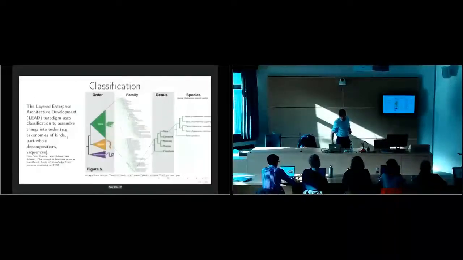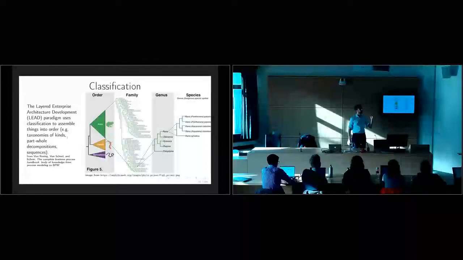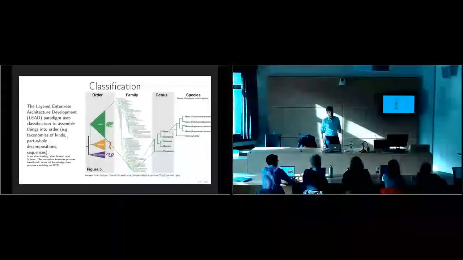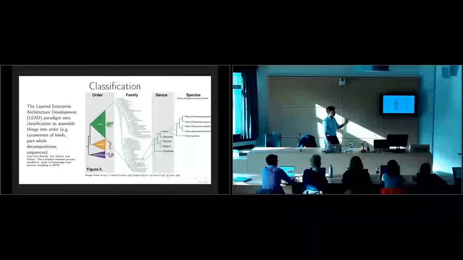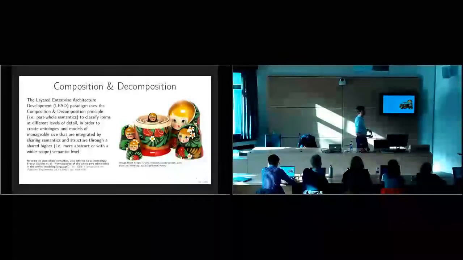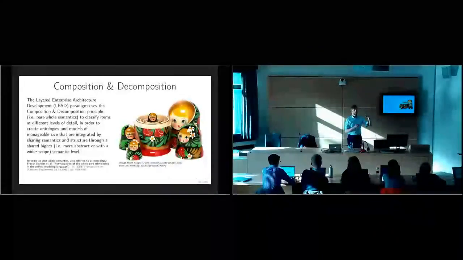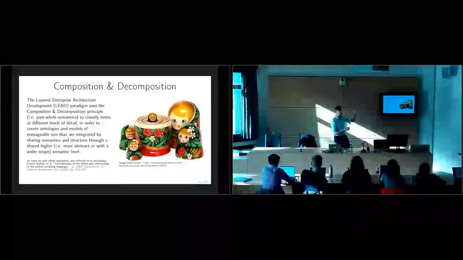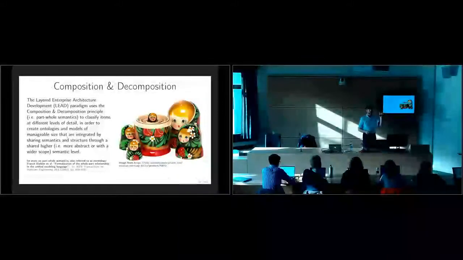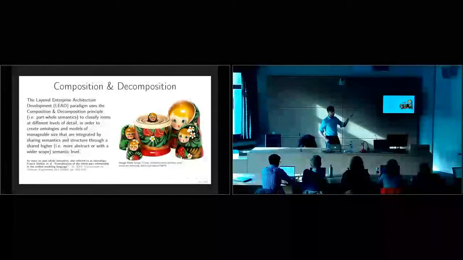In other ontological domains, classification has only to do with kinds, so kinds and subkinds. Here part-whole relationships are also seen as part of the classification because they have a hierarchy. A part is part of a whole, which can be part of another whole. I have a car, and in my car there is an engine, the engine has parts, the parts have parts, and so on. So that's composition and decomposition.